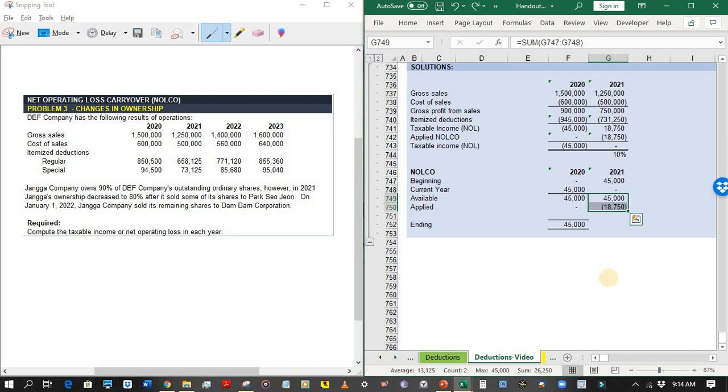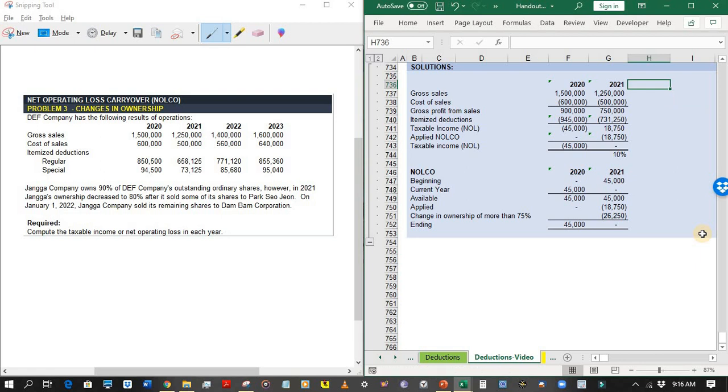So which means that we will start the year 2022 with no available NOLCO. So that is due to the change in ownership of more than 75%. So the 26,250 will all expire before the start of 2022. So that is zero balance for our NOLCO.